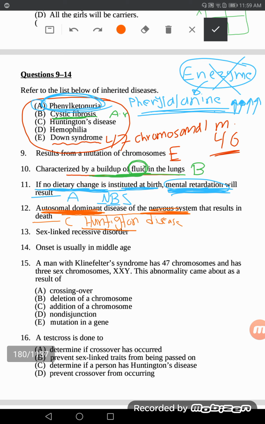It is a disease where those people cannot control their body movement, their voluntary muscles they cannot control. Always they are like vibrating, and maybe they are laughing. So they have different behaviors. And one point, this disease onset is usually in the middle age, okay.